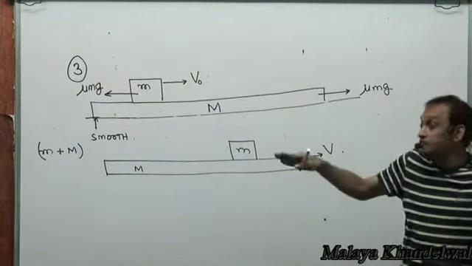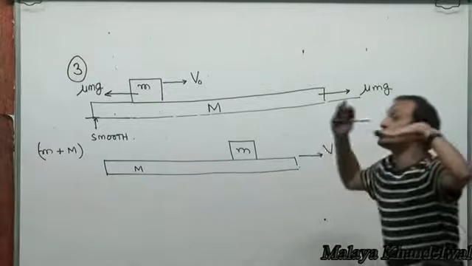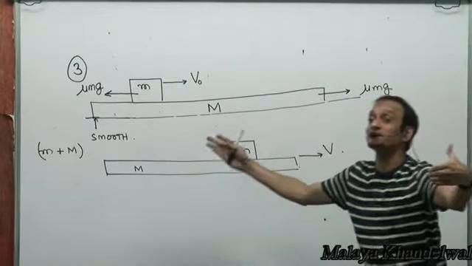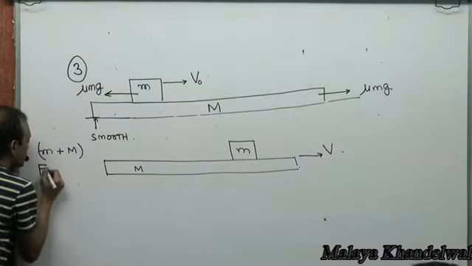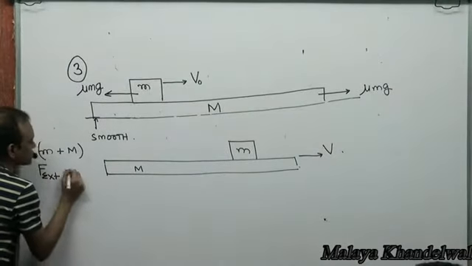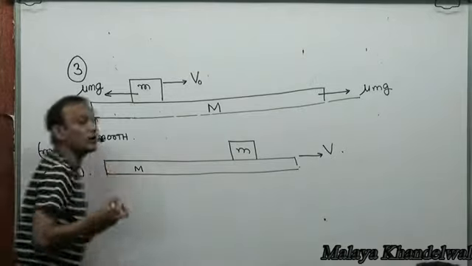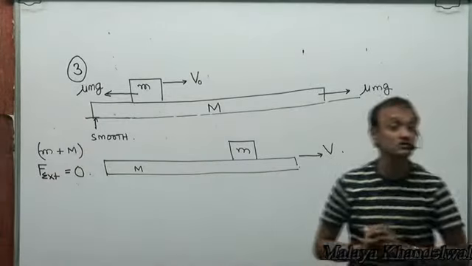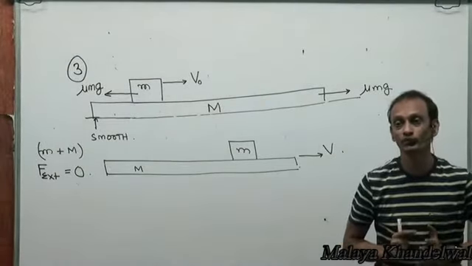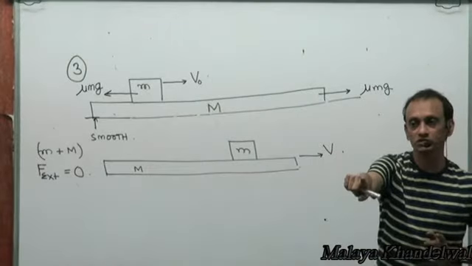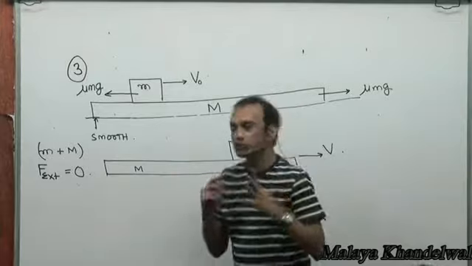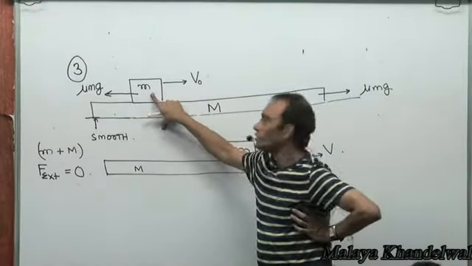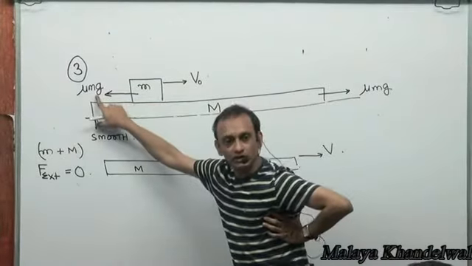In the horizontal sense, therefore, on a system comprising small m plus capital M, the net of all external forces is 0. Yes or no? Now I can explain it again if you're lost. If I look at small m alone, this is an unbalanced force in the horizontal direction.